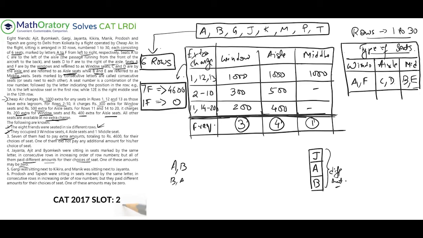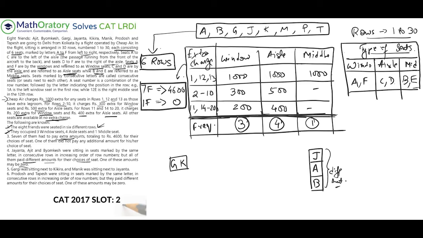So how do I collect this? I'll just keep a note of this in a different manner. I'll put G and K together and leave this. I know that it could be either way, so I'm not putting a separator here, so that I understand it could be either KG or GK. Just G and K are sitting side by side.